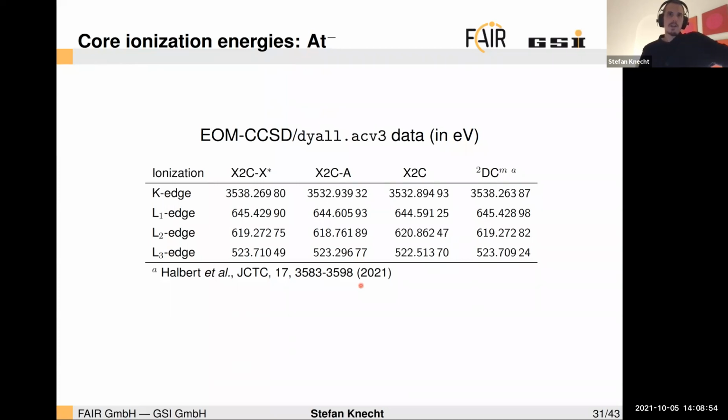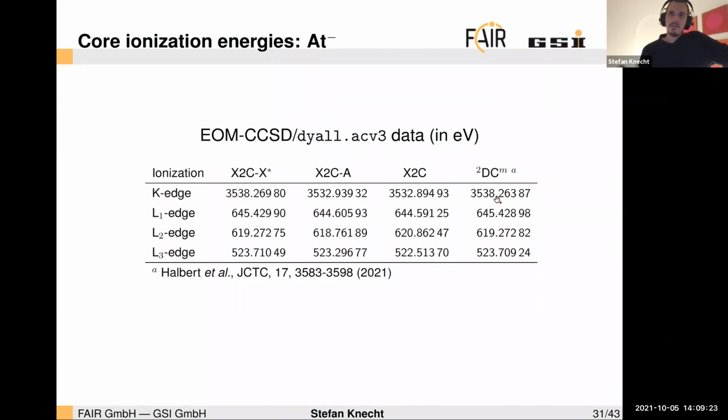As I said, it works particularly well for core properties, and therefore we looked also at core ionization energies. This is now the acetate ion. We're looking at the various edges of the ionization of the acetate ion, and this we did with the equation of motion coupled cluster in a triple zeta basis set. The data is all in eV, and this is the reference number here.